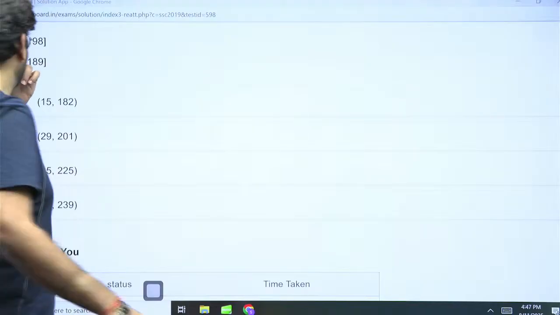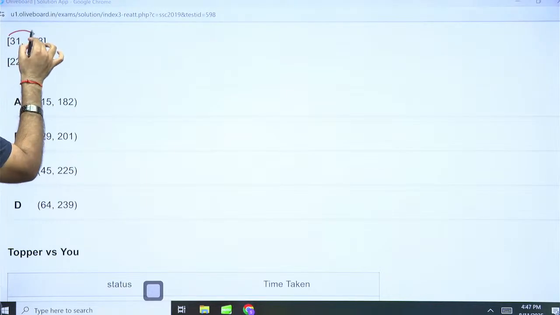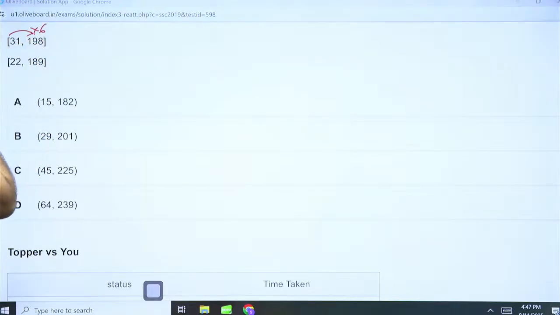Okay. Now 31, 198. If you multiply this 248, no. 186, if I multiply this by 6. This is 136, no? Into 6. No. 132. This is not working out.